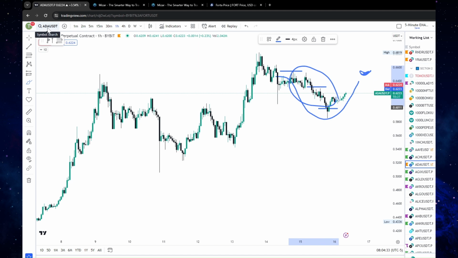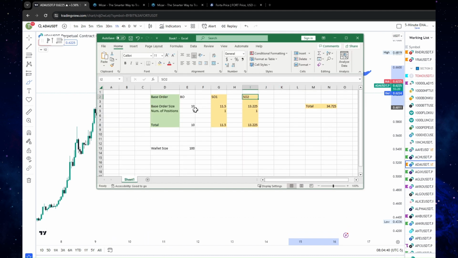And then another coin that you have, and as we said, you may have ADA as one of these pairs, and you have base order, safety order 1, safety order 2, and your total spent is this plus this plus this.